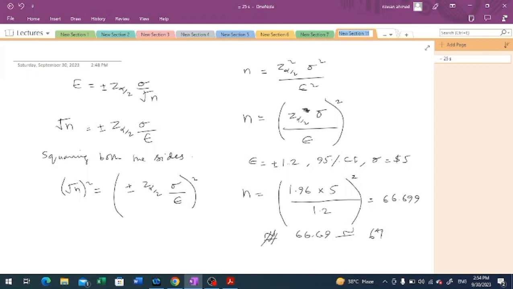This is how we can determine the margin of error as well as the sample size for a given margin of error.